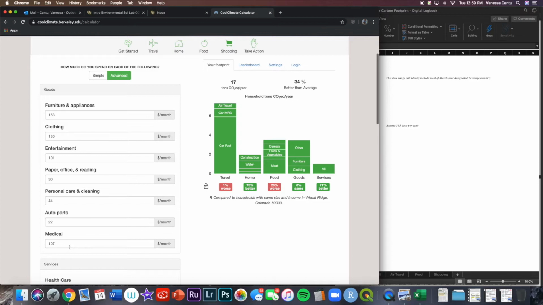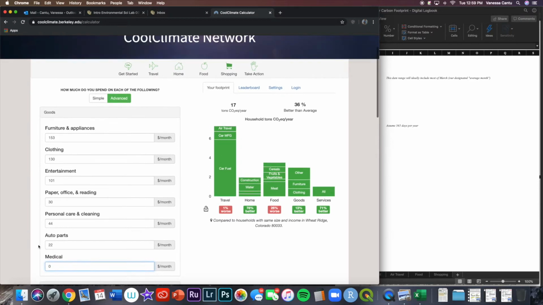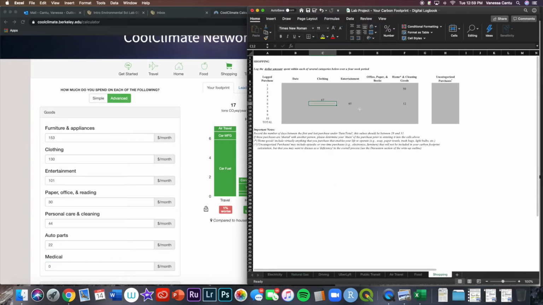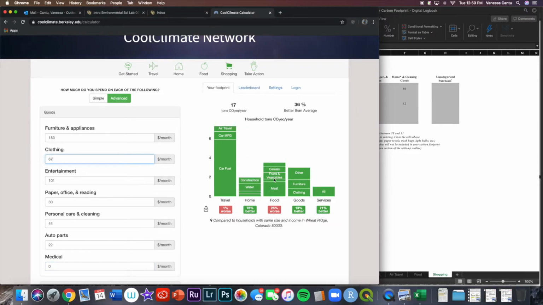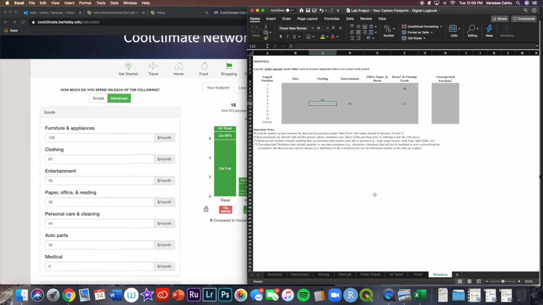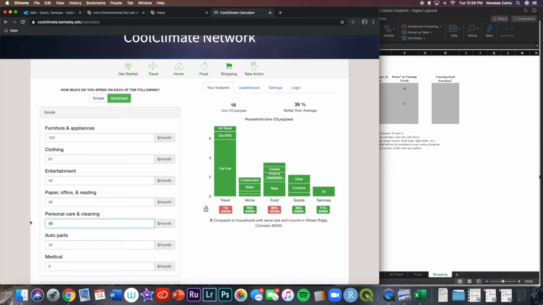So for everything else, it's what we had on our shopping categories. Clothing was 67. Entertainment was 45. Home and goods was 62. Auto parts, say you just spent $40 on wipers or something.